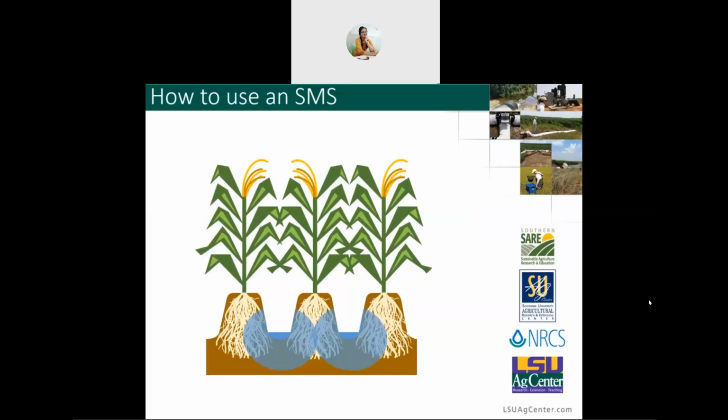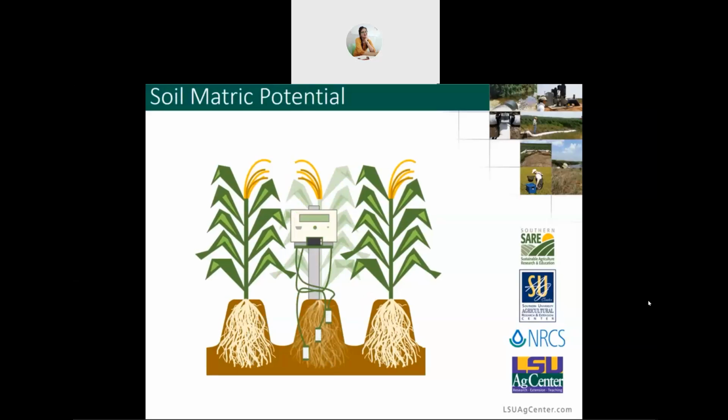Now you can see that some of that water is interacting in the middle of the row, some of it is draining downward, some of it is running off still, but there are different amounts of water in different places in the soil, and that will eventually hopefully redistribute, but even if it doesn't, what you're going to be sensing will depend on where that sensor is in the profile.